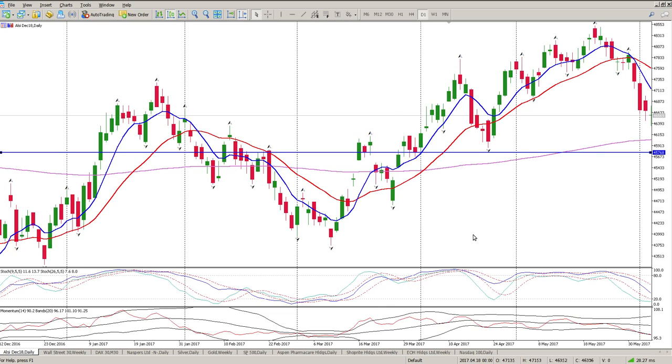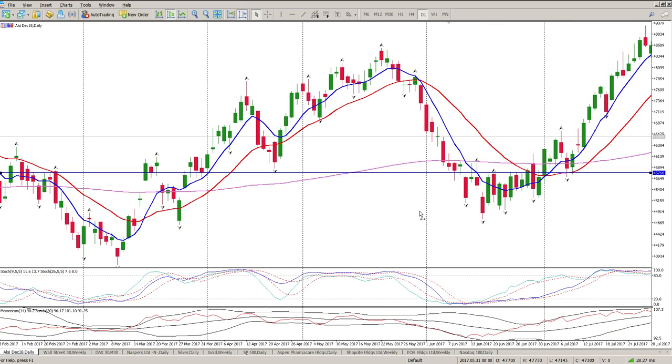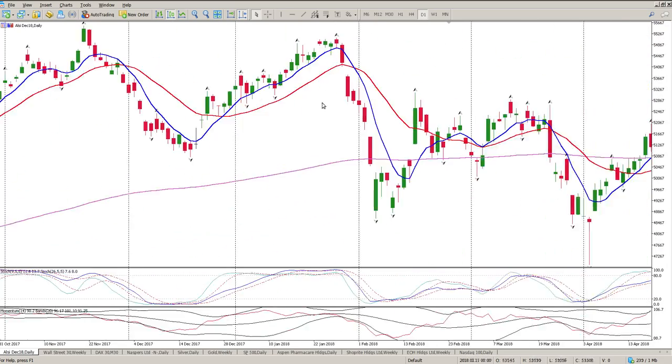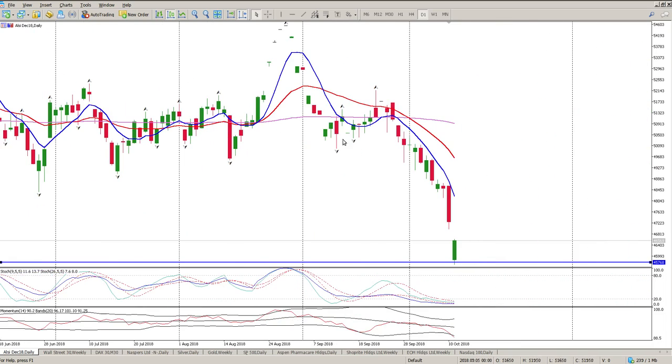If we get to the daily, you'll see we do have three tails down here, and we do have a gap to the downside as well. Oh, sorry, we don't. That gap was closed. We do have this consolidation zone over here, which will definitely be something that we'll be tagging.